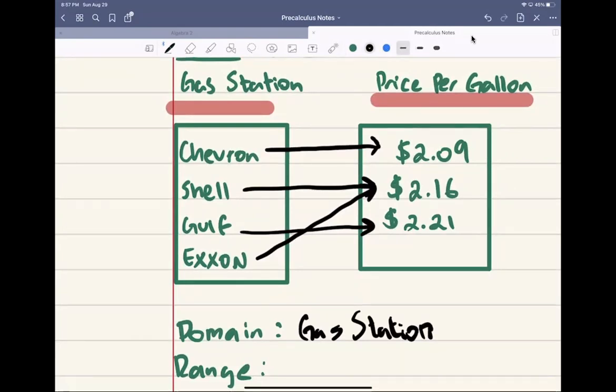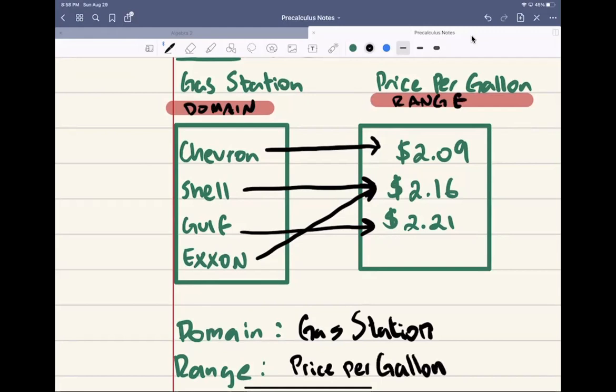Because this is the domain, that must mean this here is our range. So our range is the price per gallon. And that's not so hard, right?